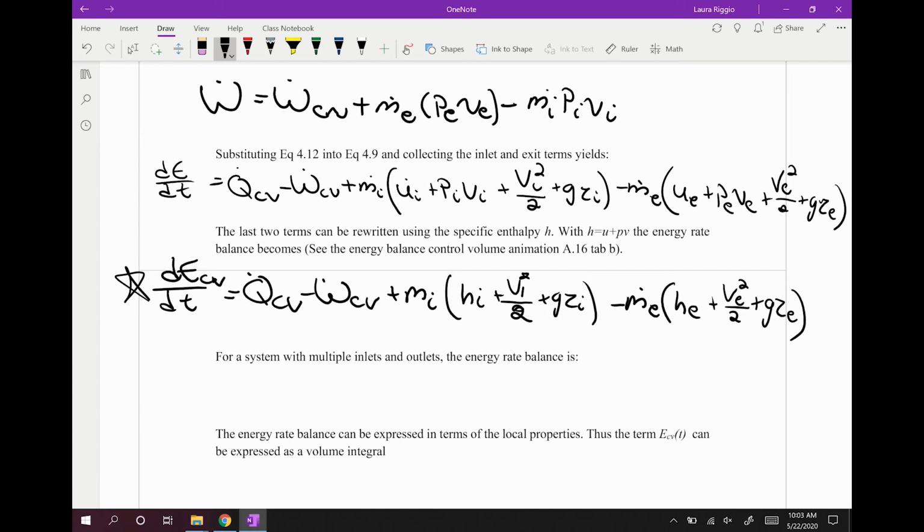And this is the other big equation for this class. This is the energy rate balance for open systems.